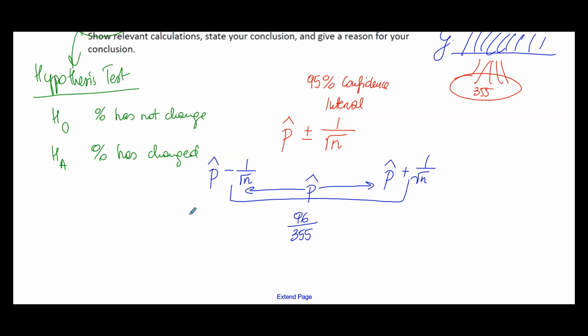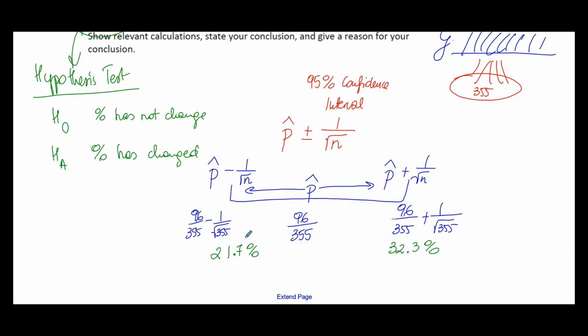So on this side, from 96 over 355 we take away the margin of error, and here 96 over 355 plus our margin of error. When we put that in the calculator and press equal, we get 21.7%, and on the other side 32.3%. So those are our numbers.